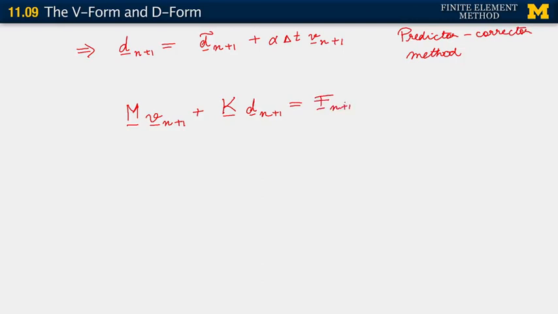We return to this equation and try to rewrite it only in terms of V. The way we can do that is to use for dn plus 1 here this predictor-corrector form. So, substitute the predictor-corrector form for dn plus 1.